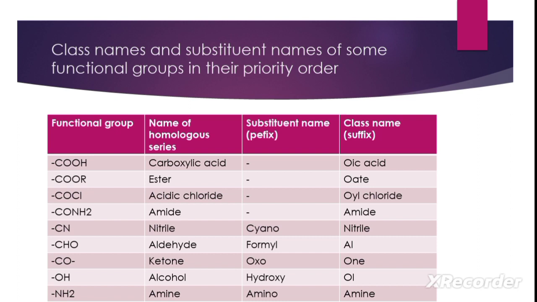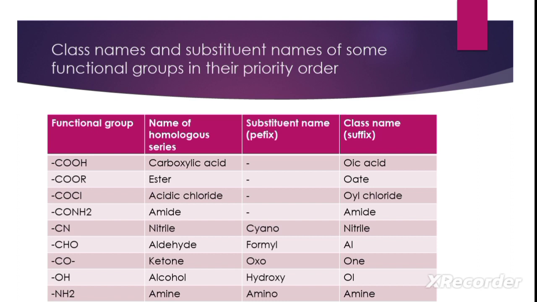If a hydrocarbon contains COOH, that is a carboxylic acid, to show that it is a carboxylic acid, after the name we add the suffix oic acid. So we know that it is a kind of carboxylic acid.